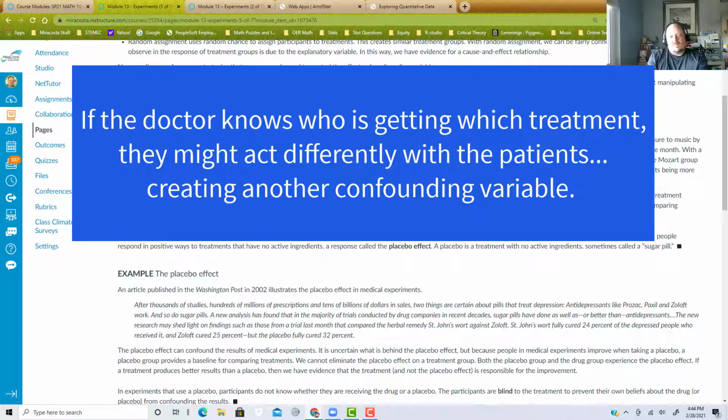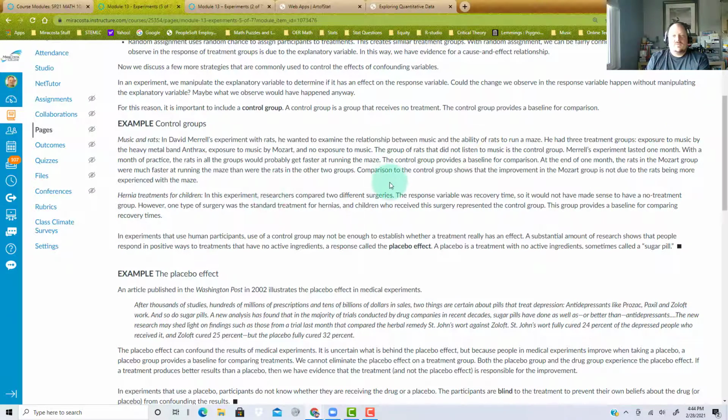Then there's a double blind where neither the doctor nor the patient know which pill or which type of treatment that person is getting. That's the gold standard. If we could, we want to have a double blind, so there's a third party who manages all of this other stuff. The doctors don't know, the patients don't know.